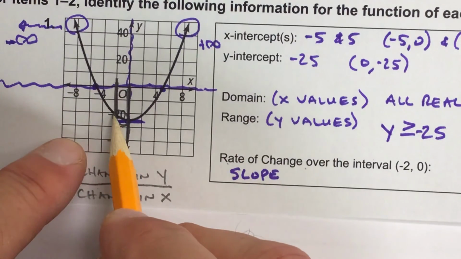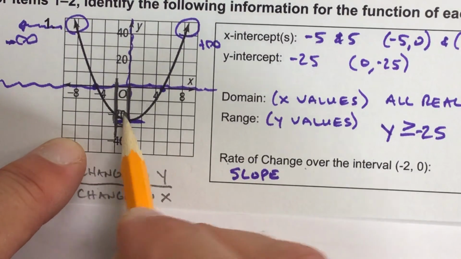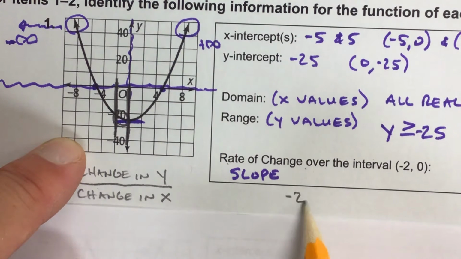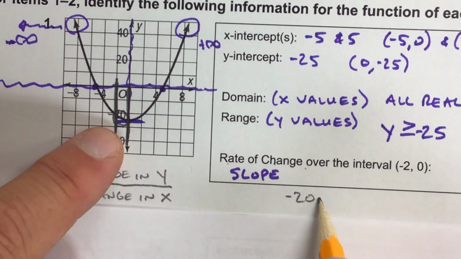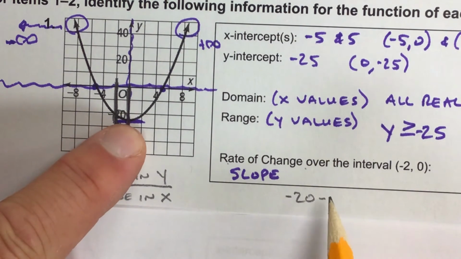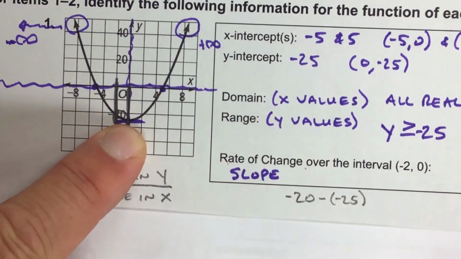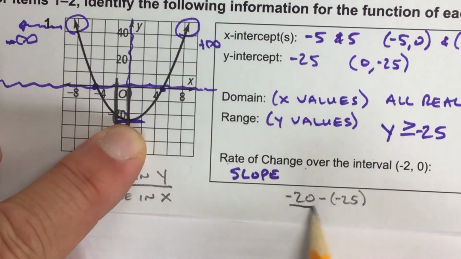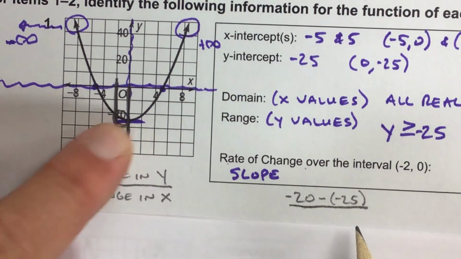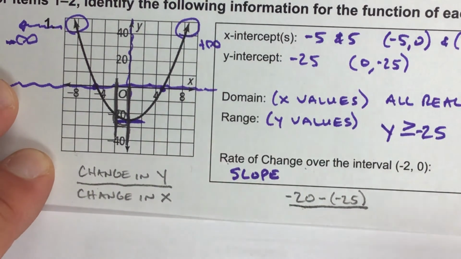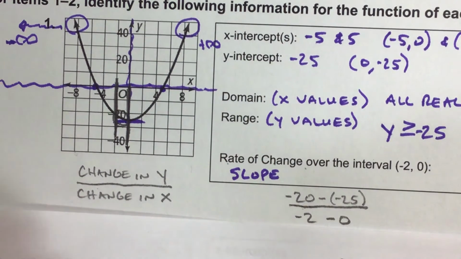Well, the y looks like it's at negative 20. So we're going to say negative 20 minus, and then at 0, we're at negative 25, over, and then the change in x is from negative 2 to 0, right?